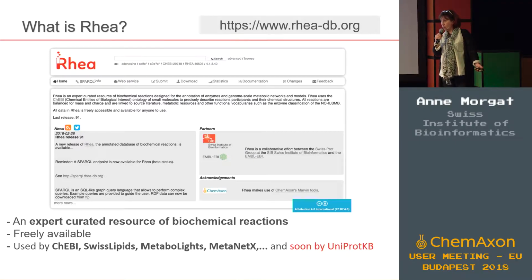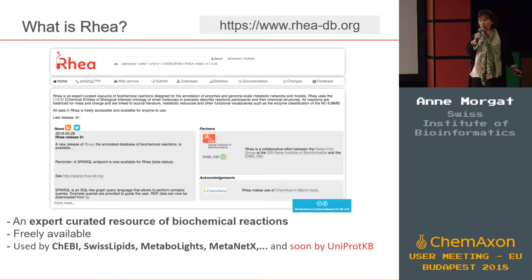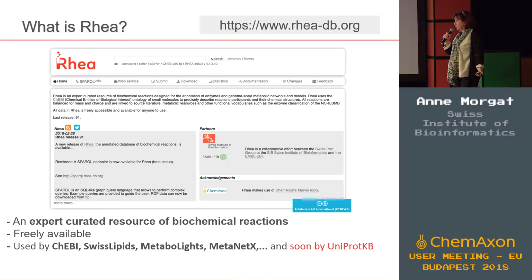RHEA is freely available. It's distributed under the CC BY 4.0 license. And it's currently used by several metabolic resources, like UniPathway, which we will see more about in a few minutes.